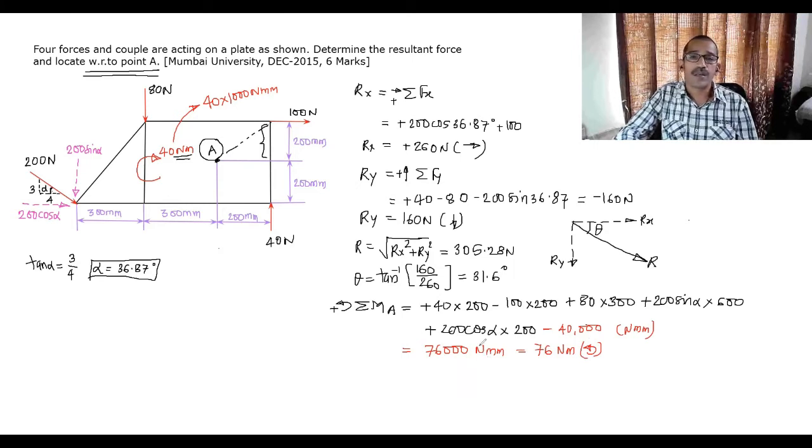anti-clockwise. Now this resultant R that we are getting must be represented with respect to point A such that its moment about point A is anti-clockwise. Can you represent it like this?